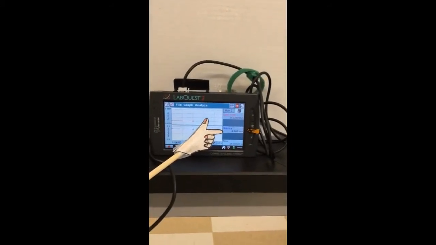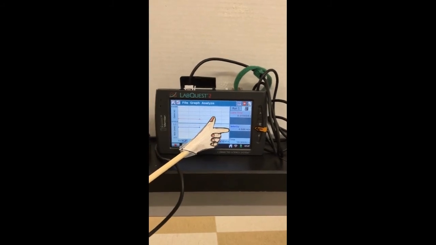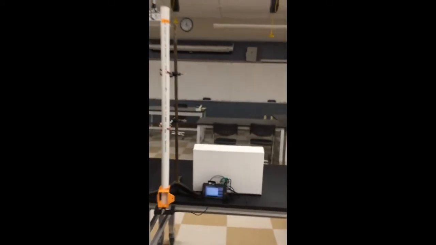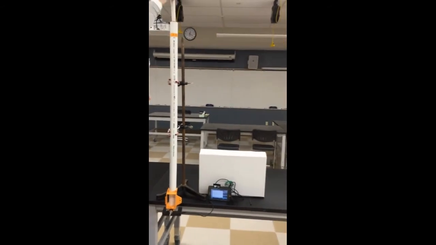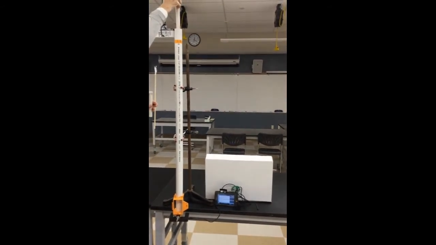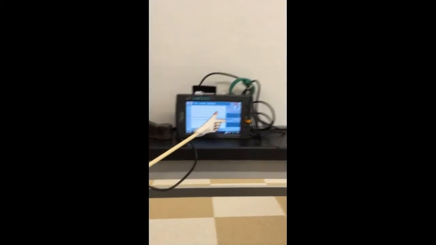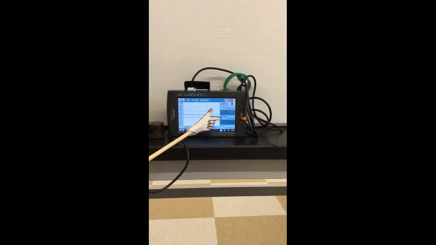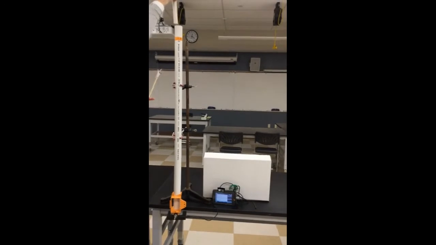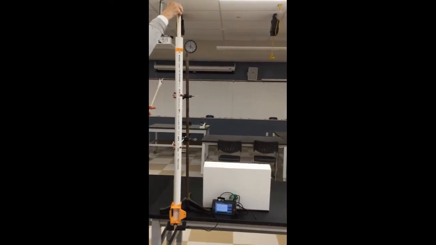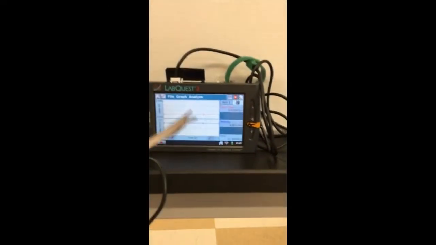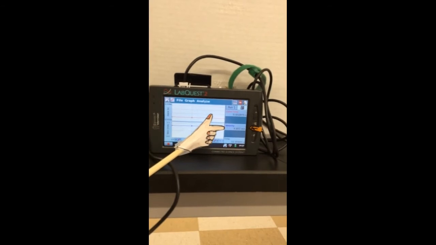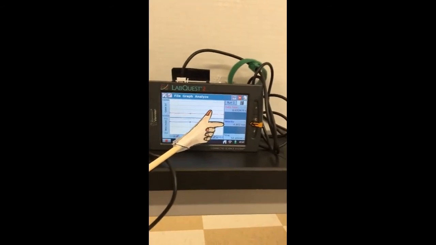The velocity is 4.846. Run number 3, 4.845. That was run number 4. Velocity is 4.852.